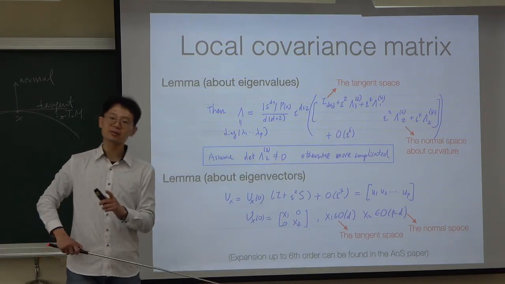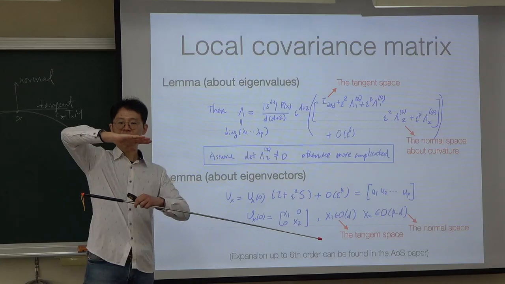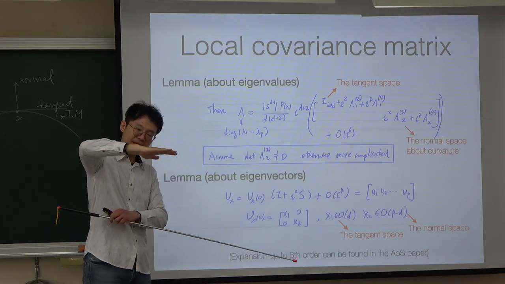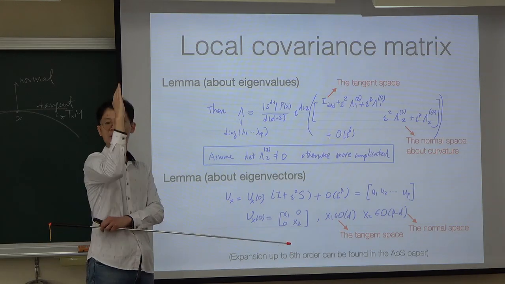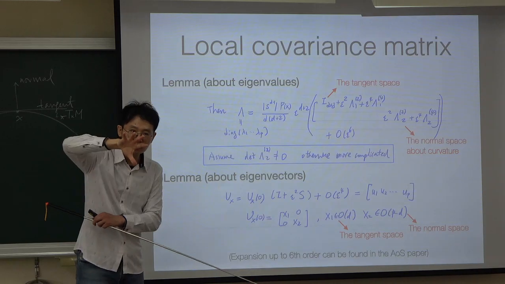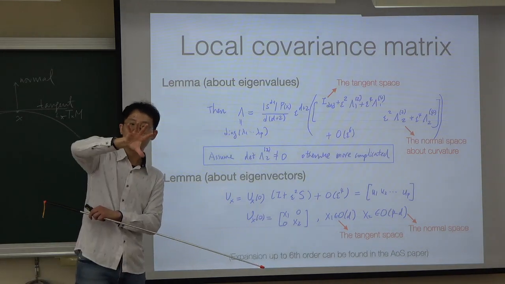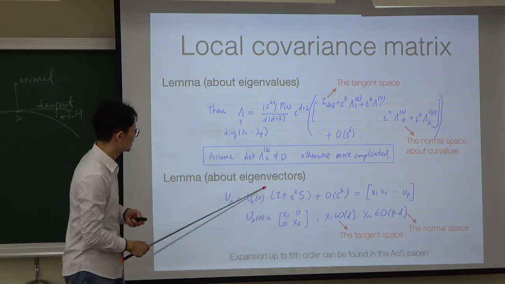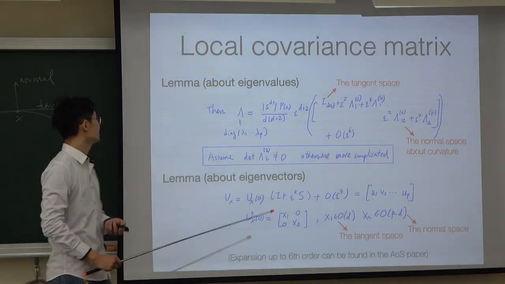What we get in the end will be some kind of true basis for the tangent space and the true basis for the normal space with epsilon squared correction, some small rotation in the end of the day. Okay, that is what it tells you, which makes sense, isn't it?